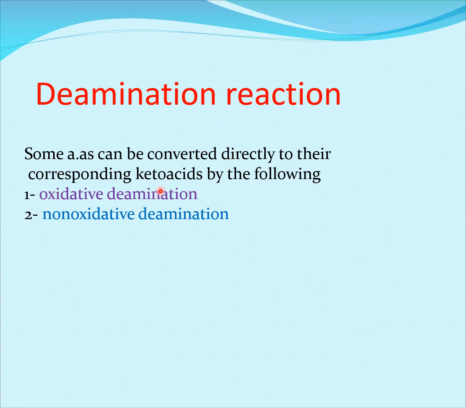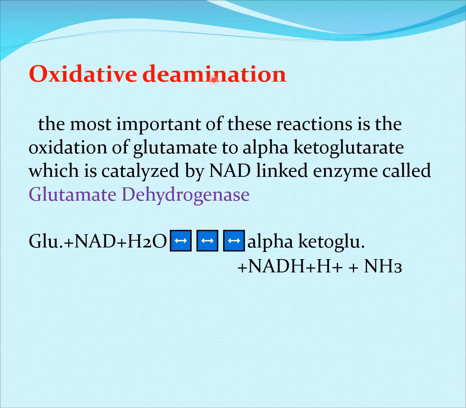Both of them involve directly removing the amino group from the amino acid. It deals mainly with glutamate, so it is the most important of these reactions. It involves the oxidation of glutamate to its corresponding skeleton, which is alpha ketoglutarate, catalyzed by an enzyme called glutamate dehydrogenase.